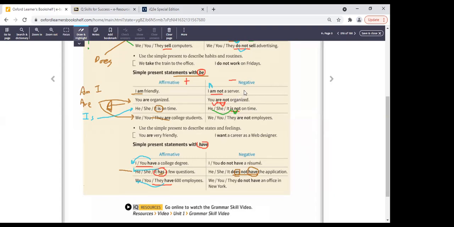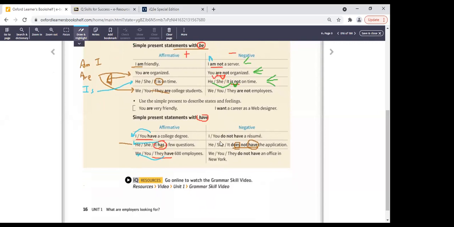So for this one we have two: I am not or I'm not. For this one we have three: you are not, you're not, or you aren't. And this one again we have three: she is not, she isn't, she's not. So there's three possibilities.